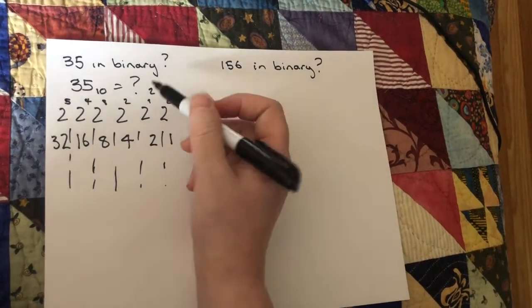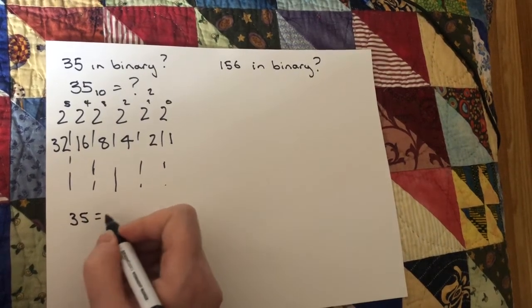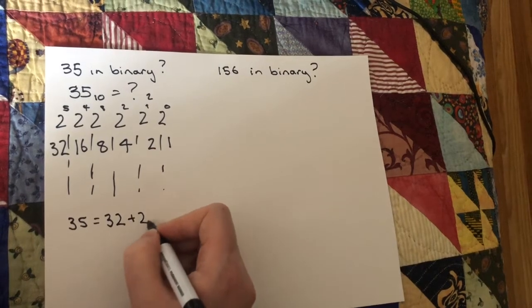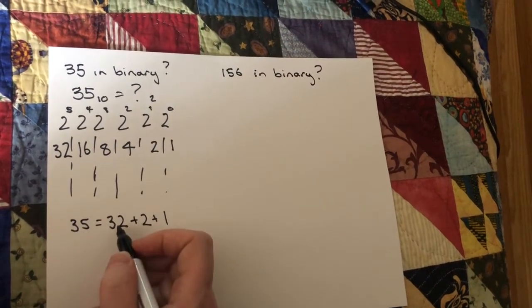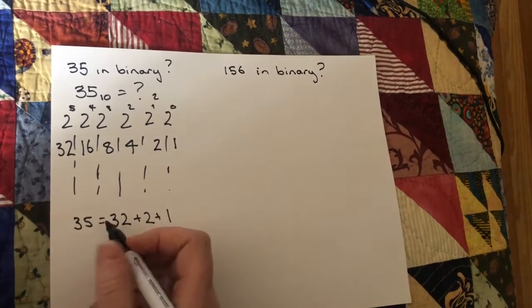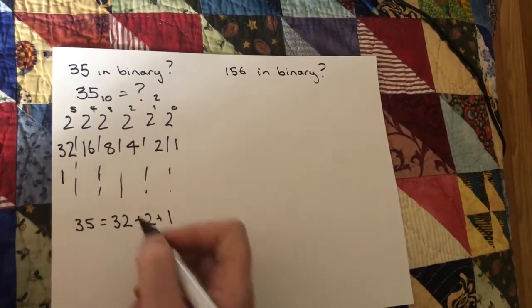Now, I know that 35 can be broken down. It can be written as 32 plus 2 plus 1. And I could then directly convert it from that, because here's my 32 column. Well, I have 1 32.